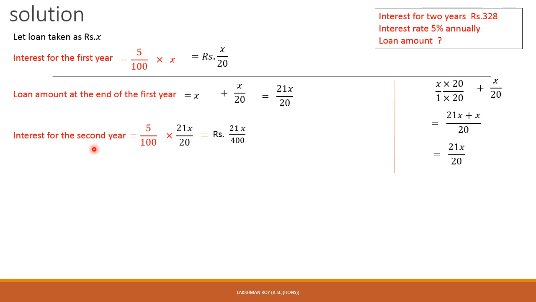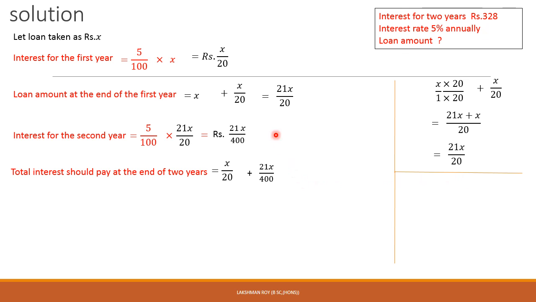So now we found the interest for the first year and also the interest for the second year. Now the addition of these two is the total interest for 2 years, right? So how to add? First year interest x over 20, second year interest is 21x over 400. Now these two algebraic fractions you have to add.